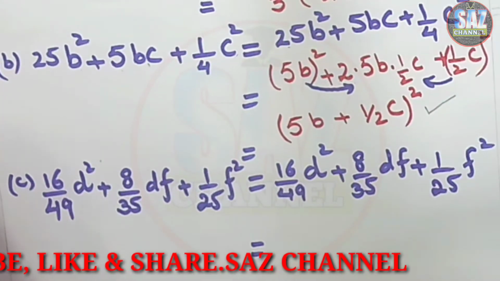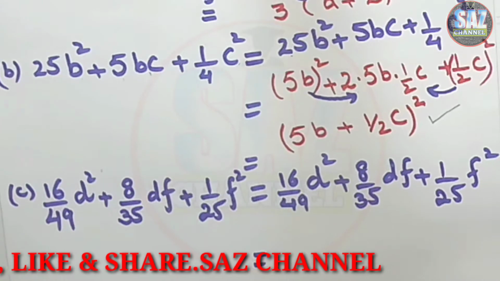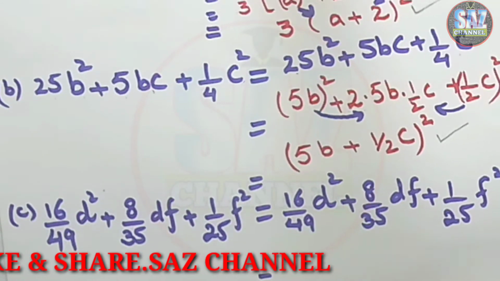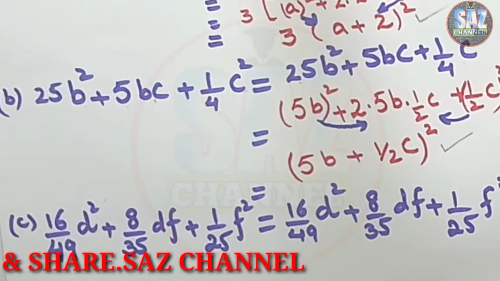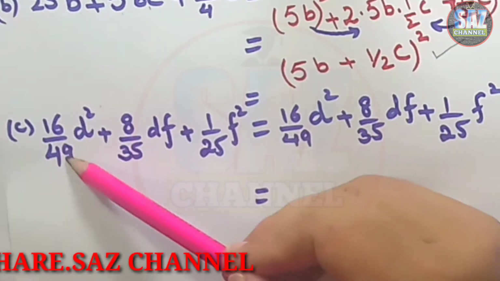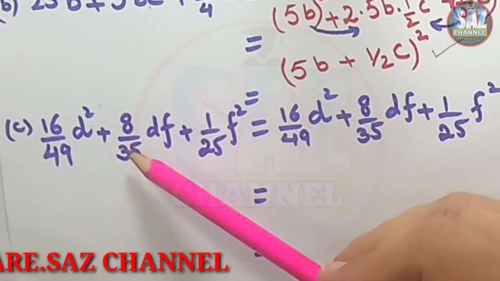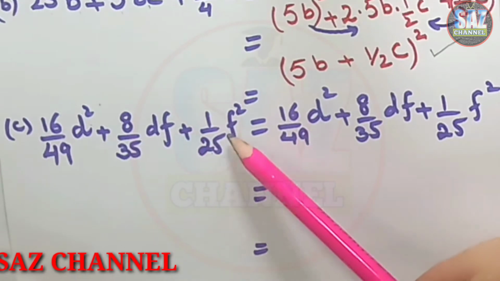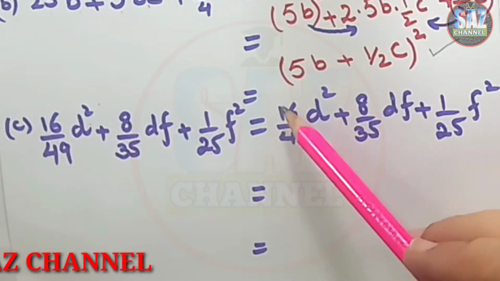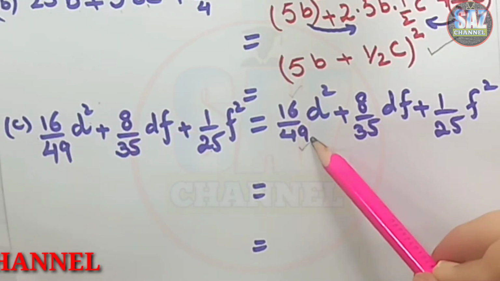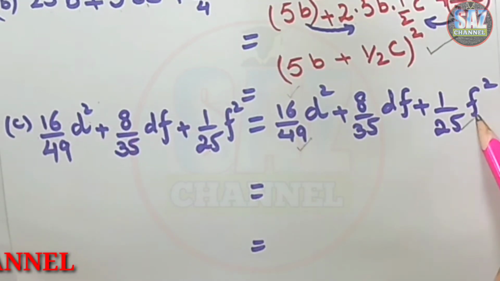For all these questions, if we are good at squares and square roots, we can solve them very easily. Let's move to C part. C part is 16 by 49 d square plus 8 by 35 df plus 1 over 25 f square. Now think about the numbers whose squares are 16, 49 and 25.